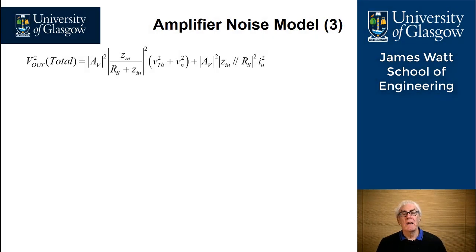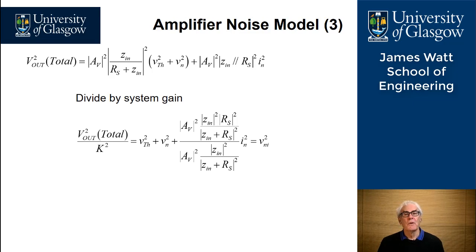So now we have a total noise voltage at the output, which is the gain squared times the potential divider squared, and that multiplies the square of the Thevenin voltage plus the square of the noise voltage associated with the amplifier. And added to that is the square of the gain times the parallel combination of the input impedance in parallel with the source impedance, and all squared multiplied by the current.